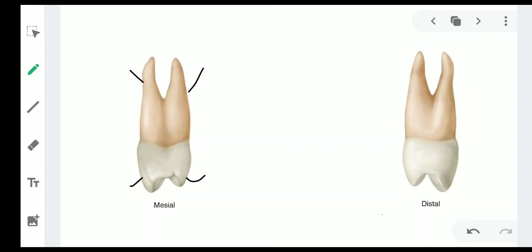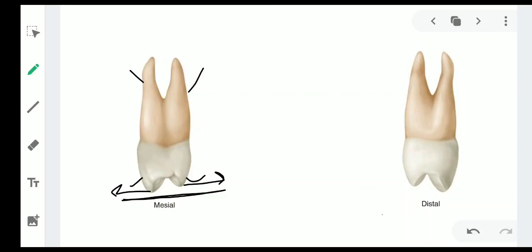We can see both the roots. The buccal cusp, as I said, is 1 mm longer, or the lingual cusp is 1 mm shorter than the buccal cusp. Here you can see it clearly that this is at a higher level and this is at a lower level.